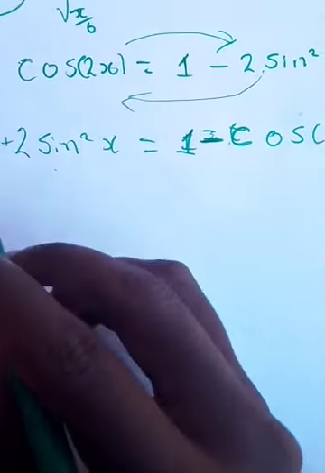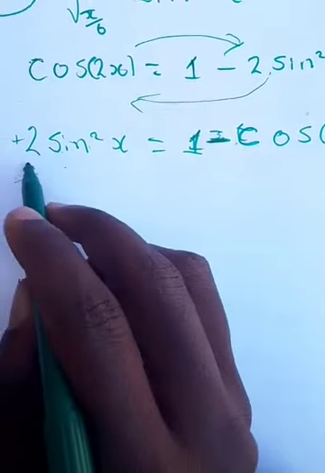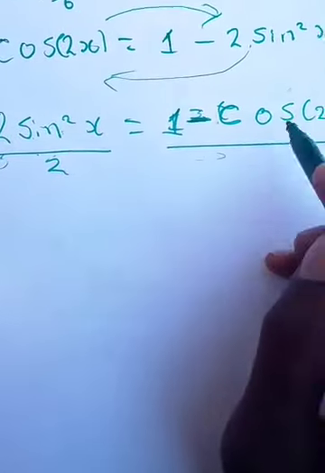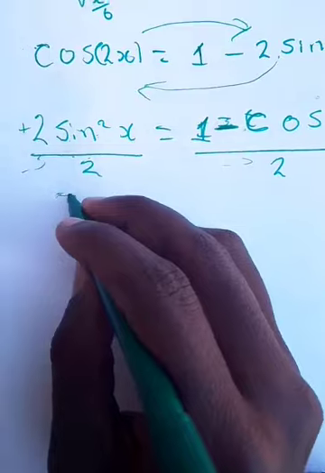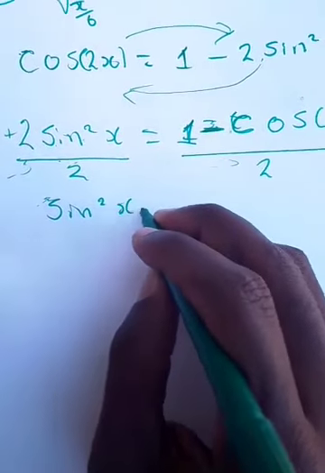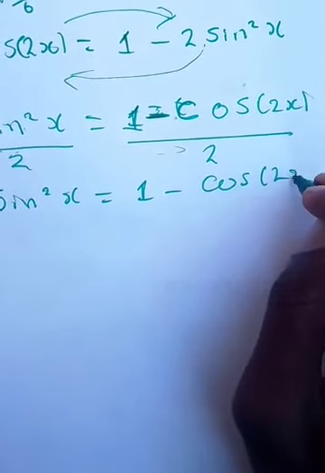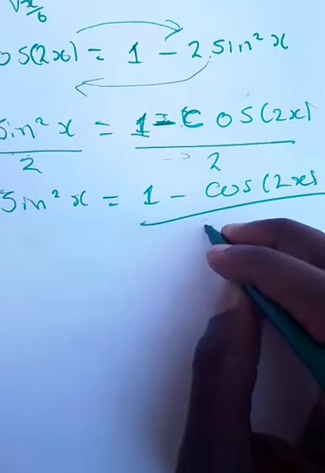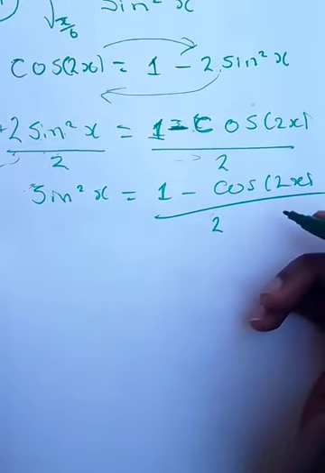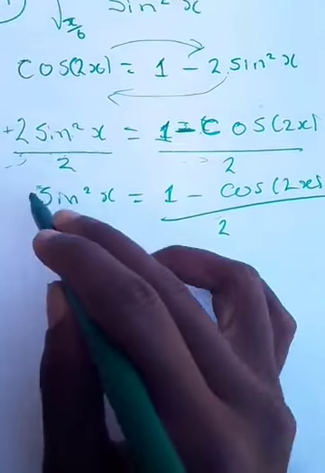Right? Now I need to remain with sine squared x. So I'll divide through by 2. So we are going to have sine squared x equals 1 minus cos 2x over 2. Yeah, so now this is the identity that we're going to use.